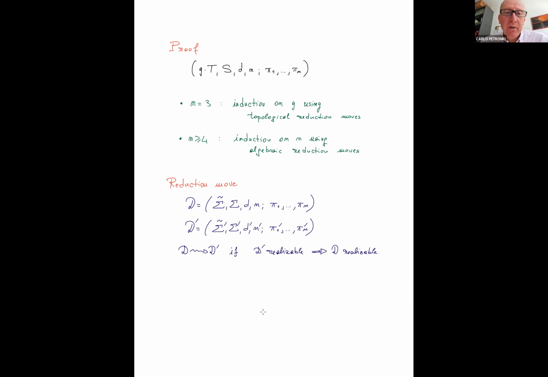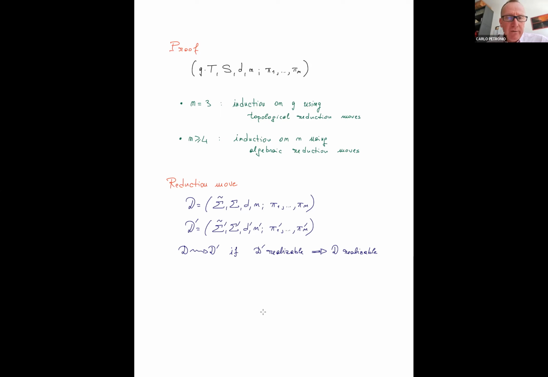So we use induction on the topology using something we call topological reduction moves and some work. So I will only describe now the topological reduction moves and not the structure of the proof, which is complicated. I wouldn't say really hard. It's complicated in many cases to consider.